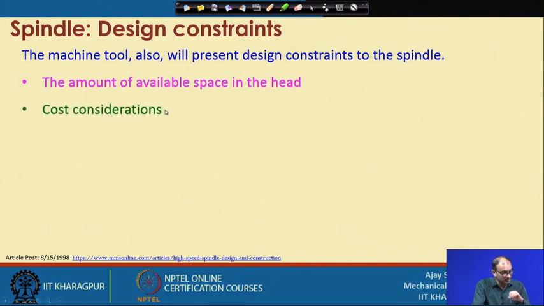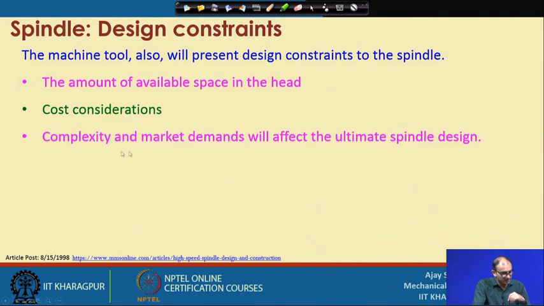Cost consideration is another thing, because many times people use an auxiliary spindle beside the original spindle of the machine tool. So, cost matters, whether you want to replace the spindle or add an additional spindle. Complexity and market demand will affect the ultimate spindle design.